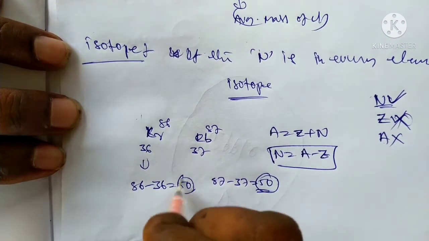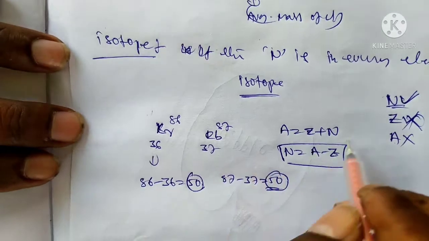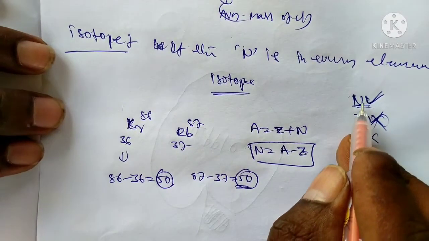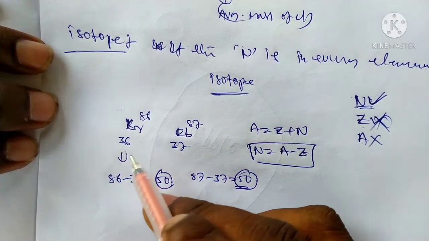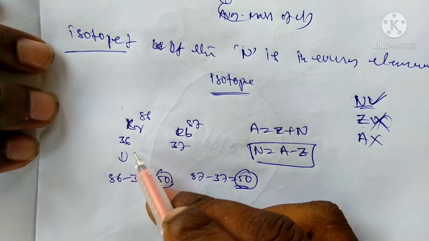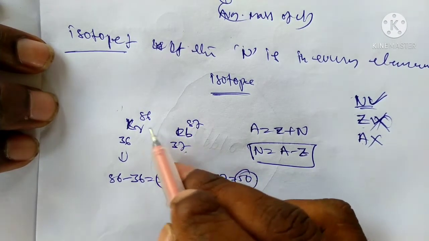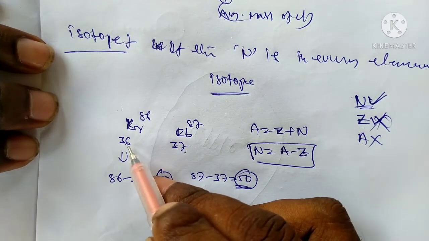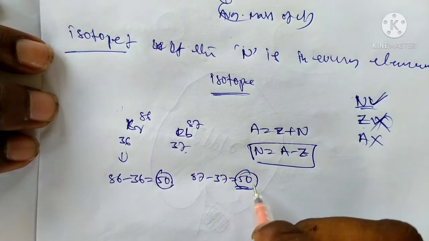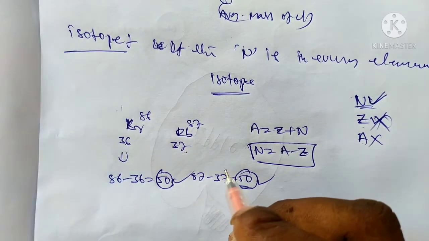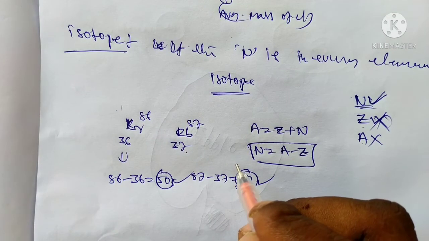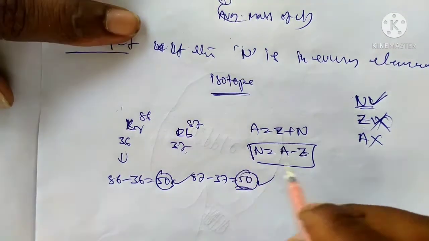Here 50, here 50, so the neutron number is the same, while the atomic number and mass number are different. This type of element is called an isotope.